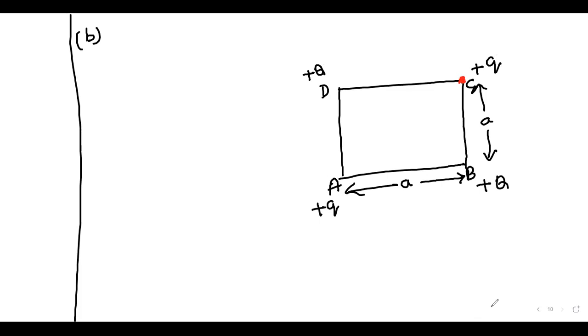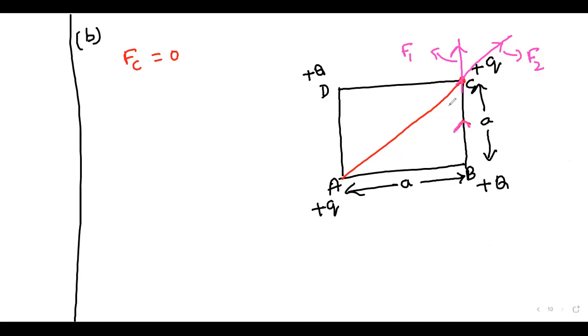That means force at C will be 0. See here, the force which is acting at point C due to B, and here let us consider this force as F1 and this one as F2.